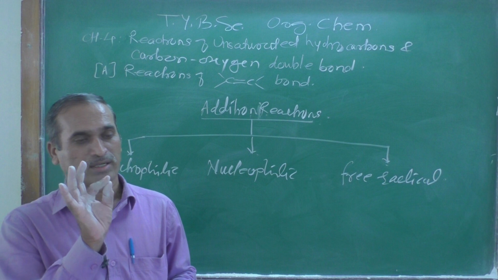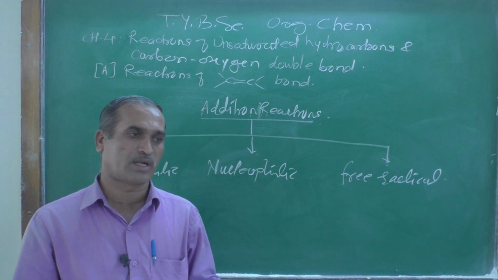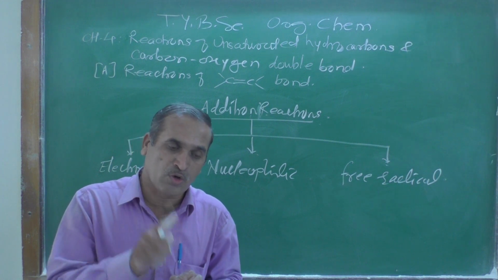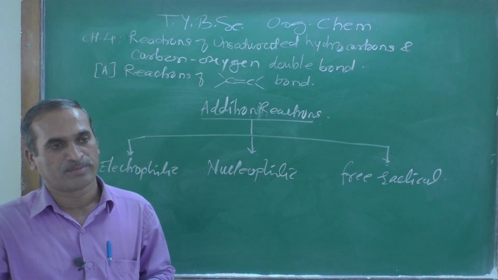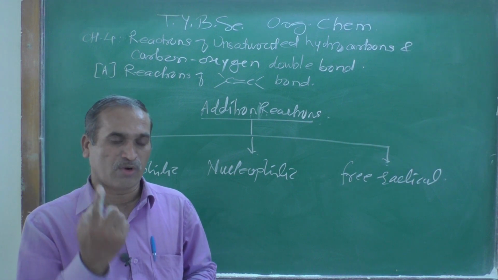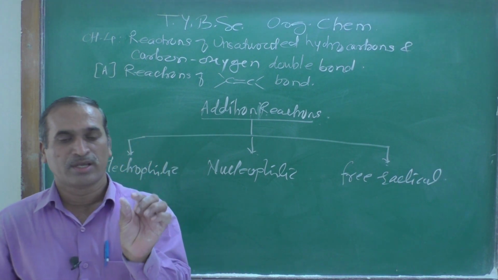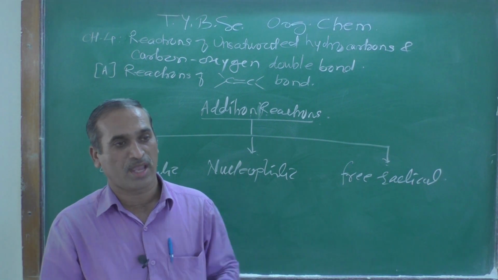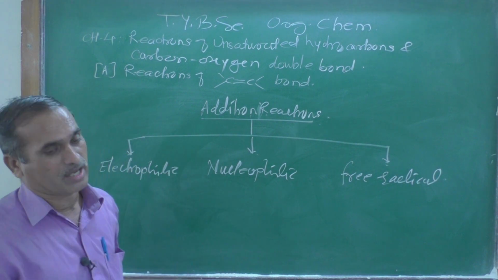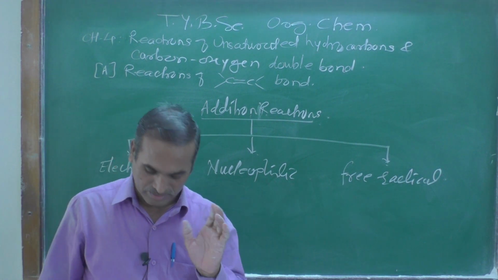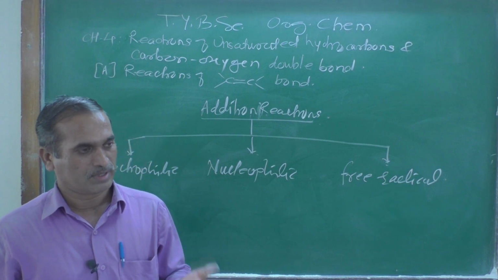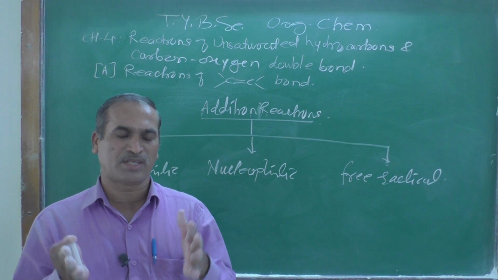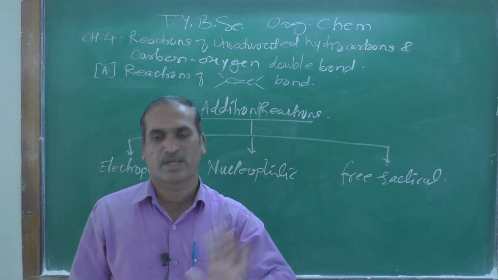As we know, all alkenes or unsaturated compounds are nucleophilic in nature, therefore whatever reagent we are adding, the nature of that reagent decides the addition reaction. If the reagent is electrophilic in nature, that type of addition reaction is called the electrophilic addition reaction.